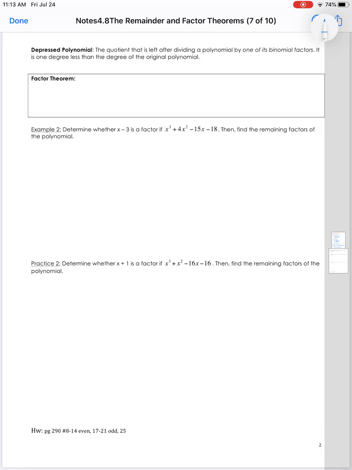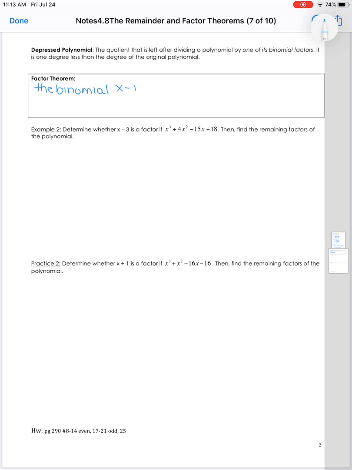So the value you get when you just sub the number in is going to be the same as if you were to choose to do synthetic division. Applying the remainder theorem using synthetic division to evaluate a function is called synthetic substitution. So we're putting both ideas together.